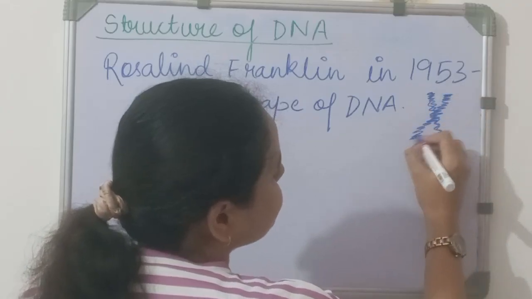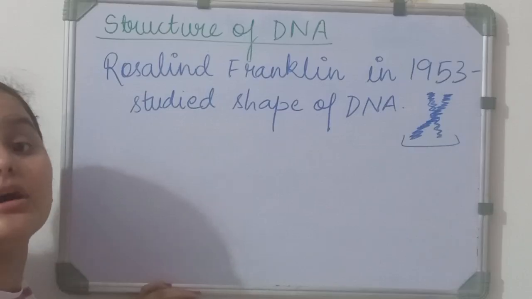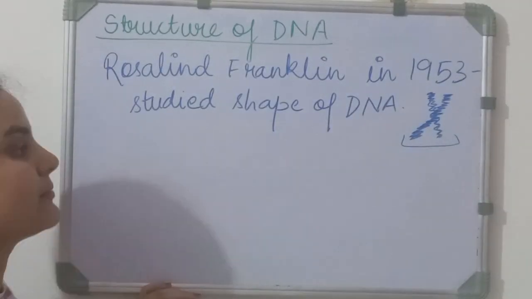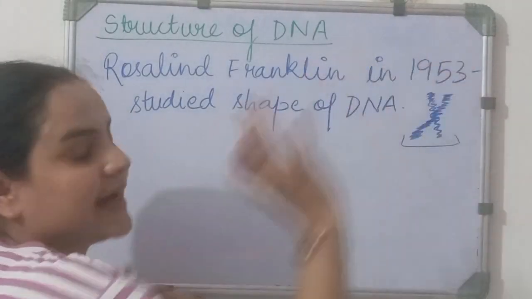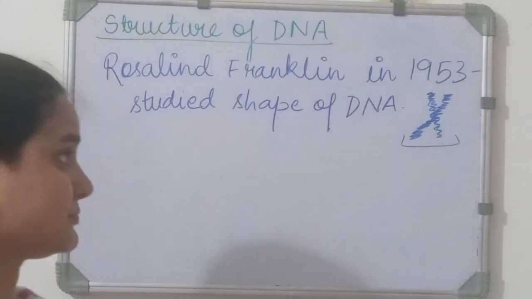The picture which she took of this structure was called picture 51, because she took that picture in year 51, but according to your book it's mentioned 1953, that's why I've written 1953. Then what happened?